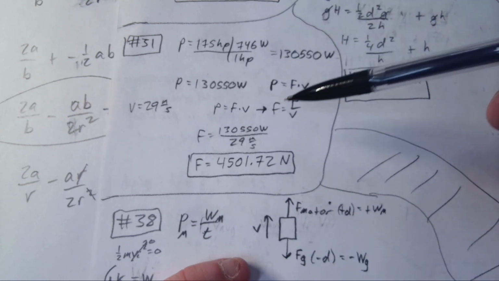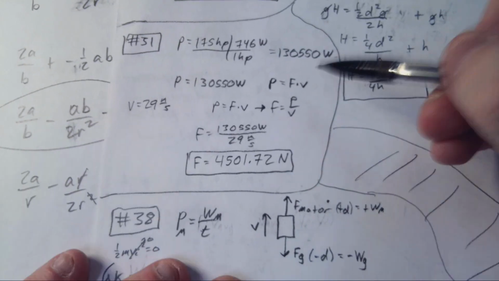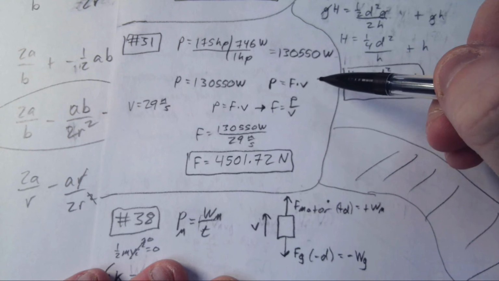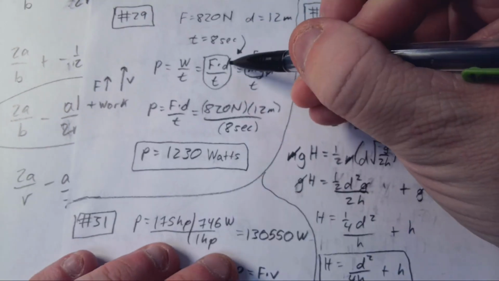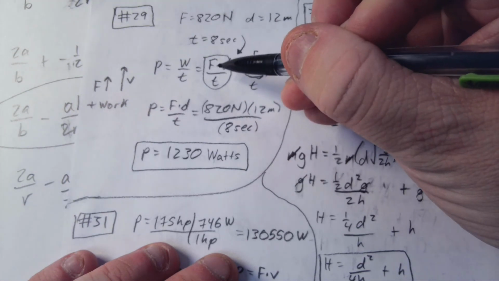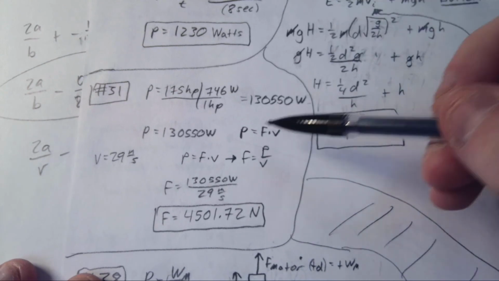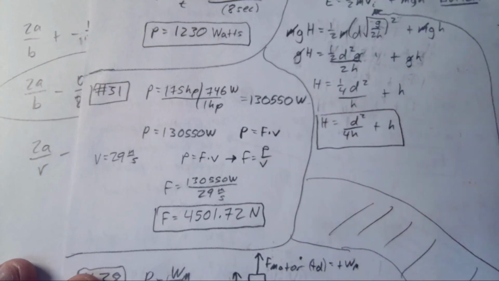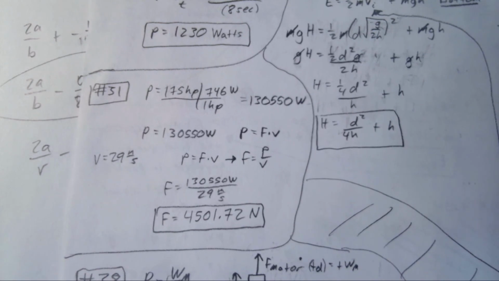And power, if you hear force and power, you want to be thinking about work. You're saying, where does FV come from here? Well, isn't V just distance over time? Isn't V just D over T? So F times V. P equals F times V. We can rearrange it for F. We know the power output of the car, and we know the speed that it gives.